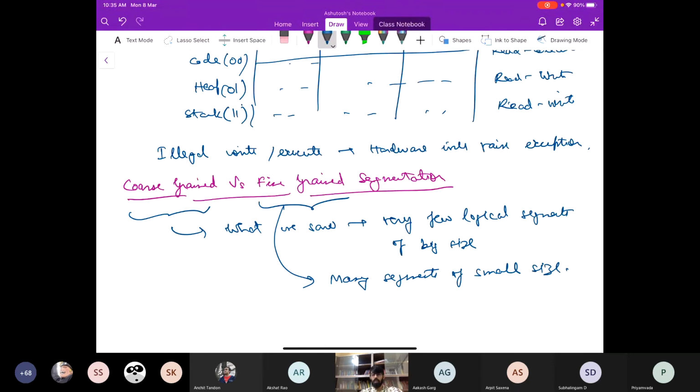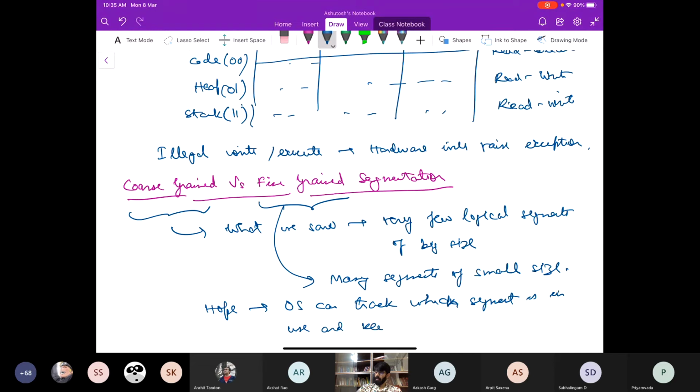So some OSs do that, and what is the hope? That the OS can track which segment is in use and keep only that in memory.